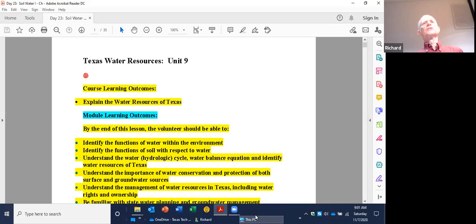Hello, my name is Richard Zartman. I got my undergraduate degree in soils in 1968 from The Ohio State University. Got my PhD in soil physics from the University of Kentucky in 1974. Soil physics is how heat, water, and air move through the soil.